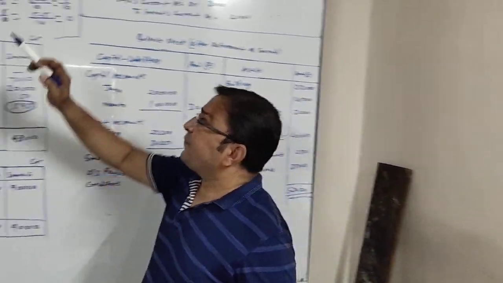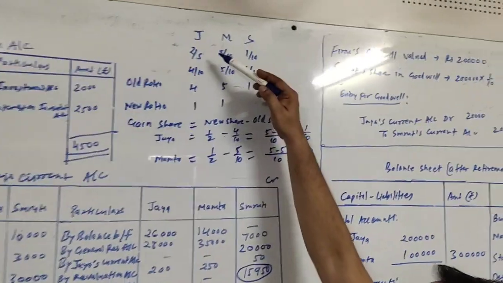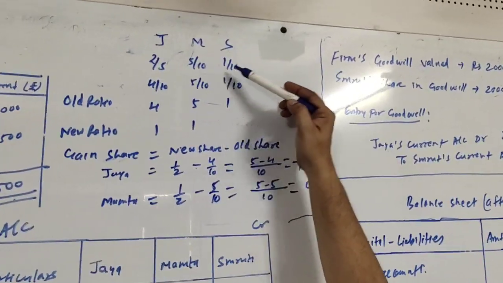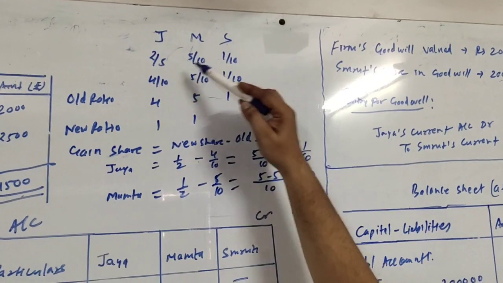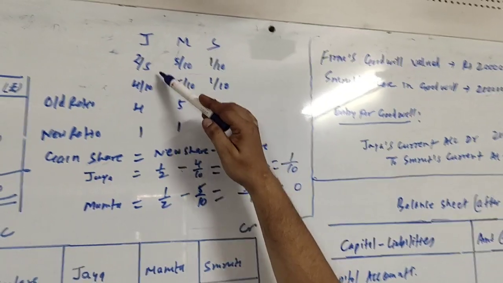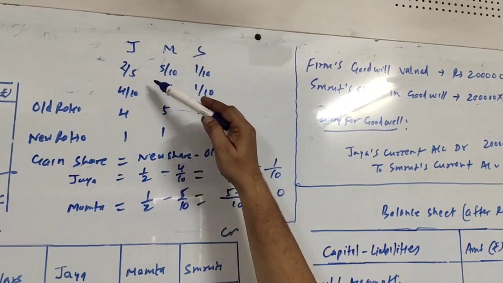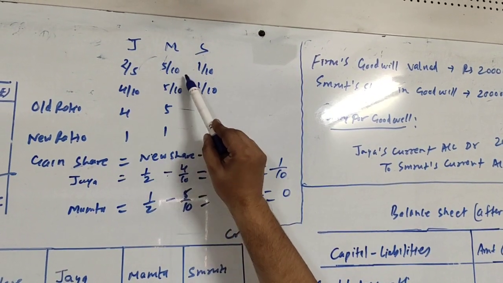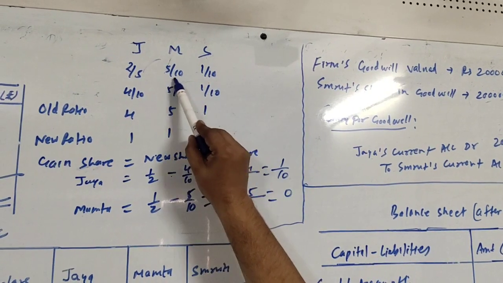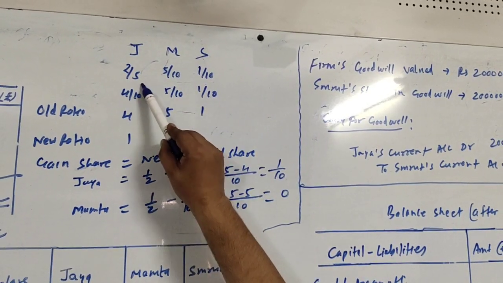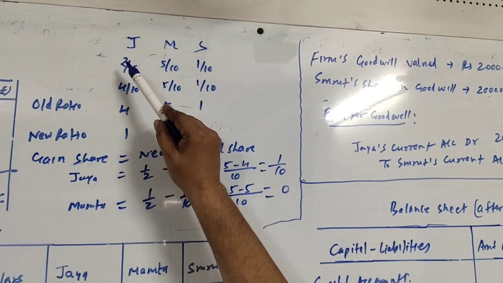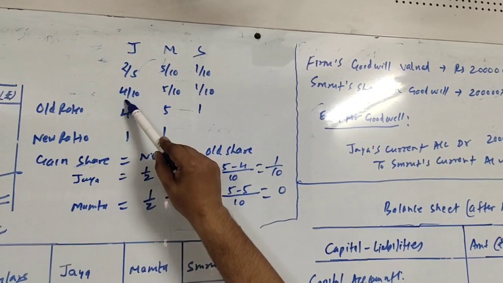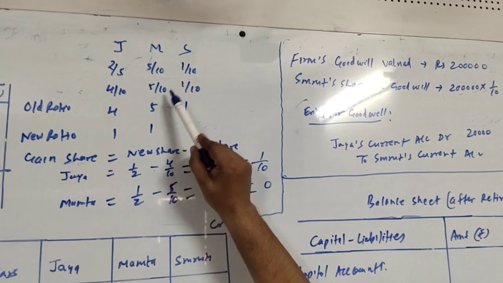So here it is. The shares are given as 2/5, 5/10 and 1/10. Denominators are not equal, so we will make the denominators equal. The LCM will come to 10. So we will multiply numerator and denominator by 2, so 4/10, as it is 5/10 and 1/10.